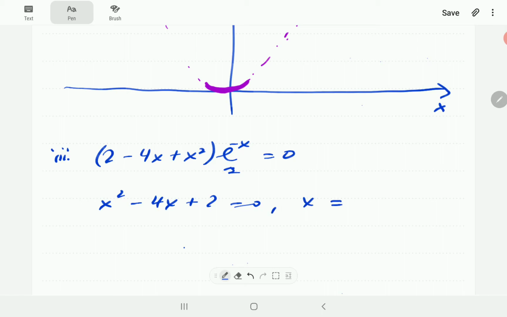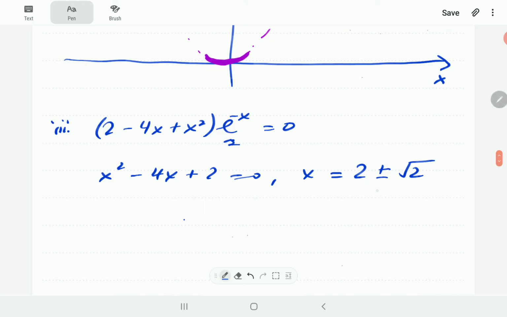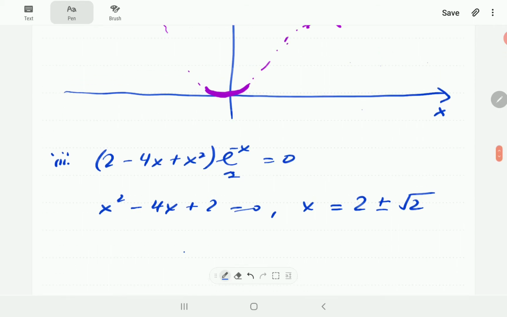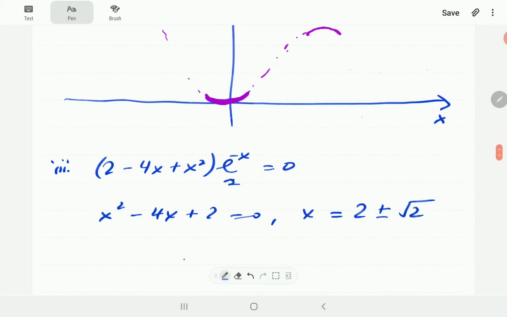If we solve this using any method, we find 2 points. One is 2 plus root 2, and the other one is 2 minus root 2. Now both of these are positive because root 2 is less than 2. So 2 plus root 2 is greater than 2. 2 minus root 2 is less than 2, but still positive.